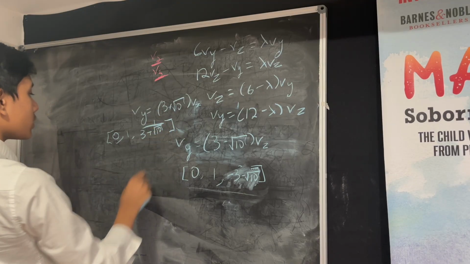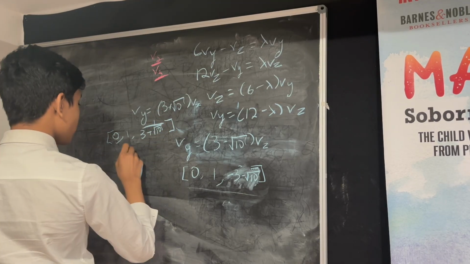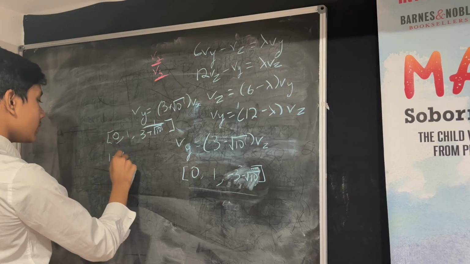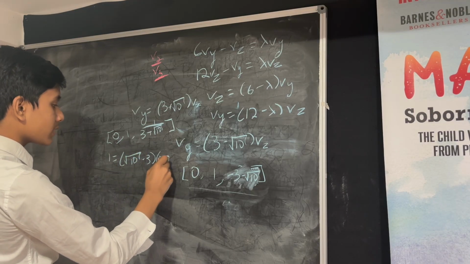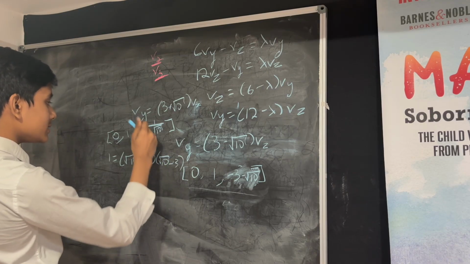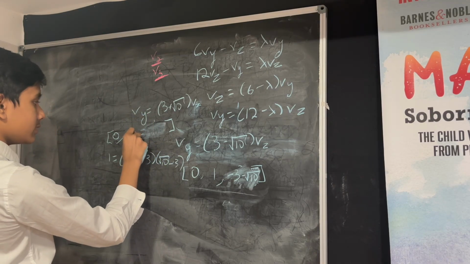But what's 1 over 3 plus rad 10? Well, here's a reminder that 1 is rad 10 minus 3 times rad 10 plus 3, which means this is rad 10 minus 3.